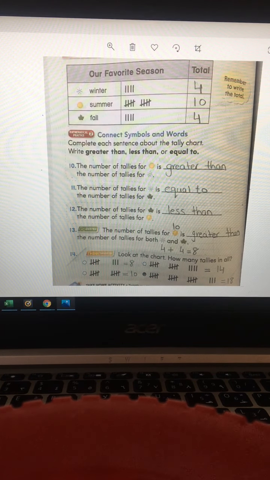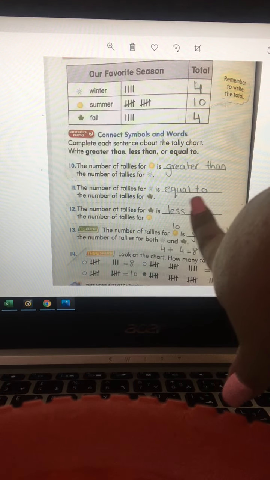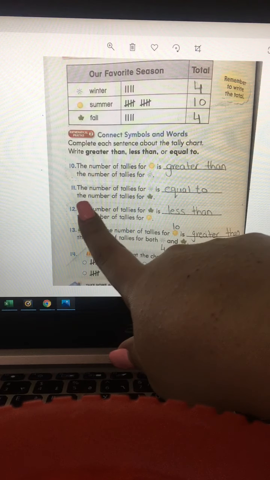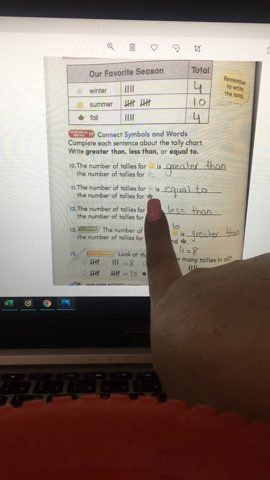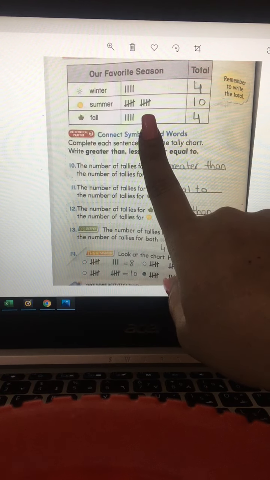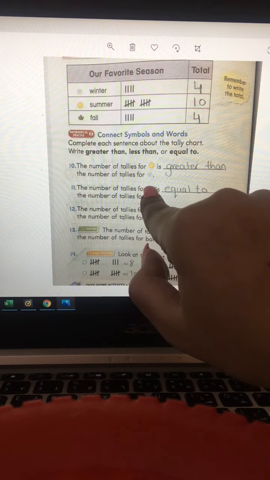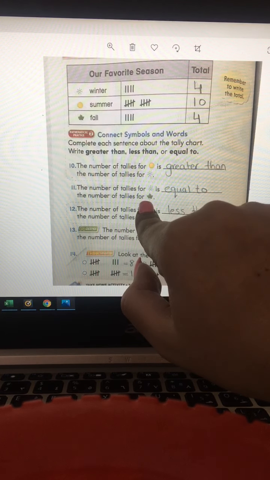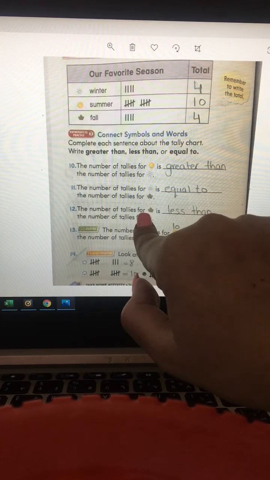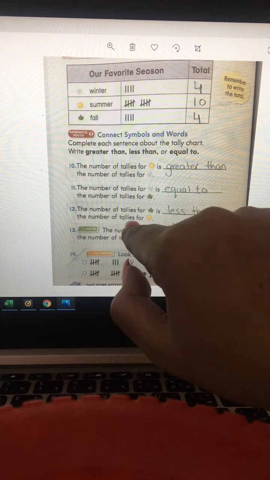The number of tallies for winter is what to the number of tallies for fall? This is the third season that we have: winter, summer, and fall. Now we are going to compare between the winter and the fall. Let's see, is it equal, less than, or greater than? Equal means the same number.